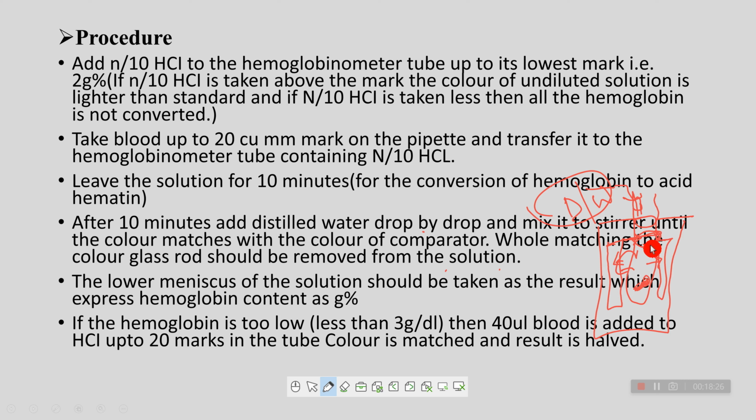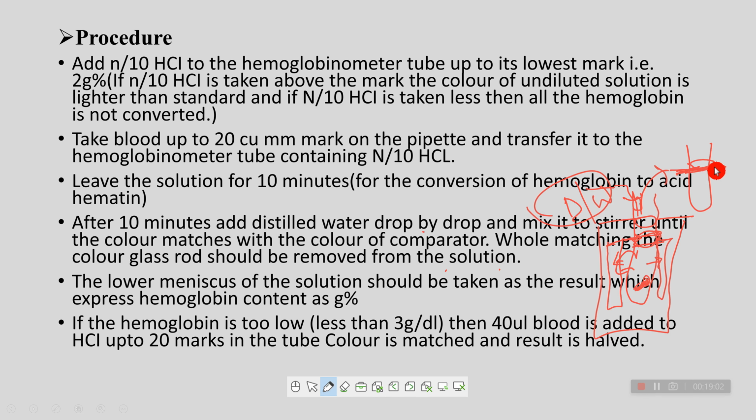For the estimation of hemoglobin, we have to take out this hemoglobinometer tube and keep it at the level of the eye, and for taking the measurement, we have to look at the lower meniscus of this solution in the tube. The reading at the lower meniscus represents the amount of hemoglobin present in the blood sample.